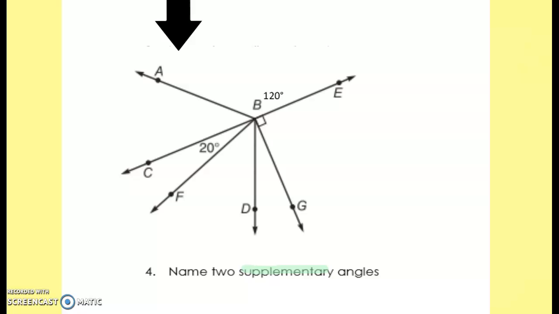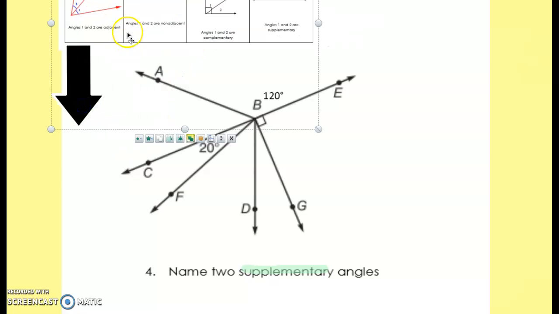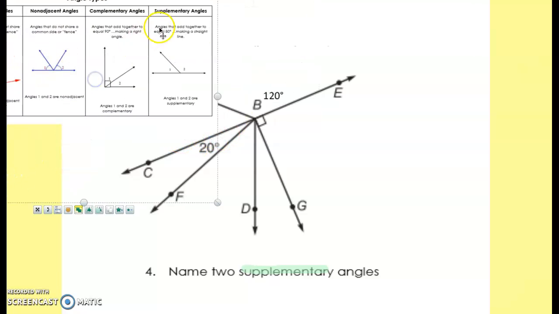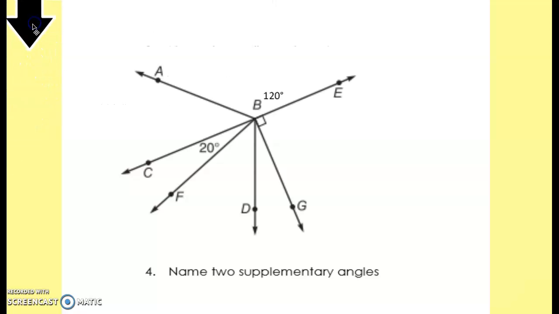But if you remember from our quick review here, and if I bring down my chart, let's see if I can get this in the front of things here. Supplementary angles, if you don't have the measurements, you can also identify it by looking for a straight line and finding the two angle measurements that make up that straight line. So moving my graphic organizer back up out of the way.